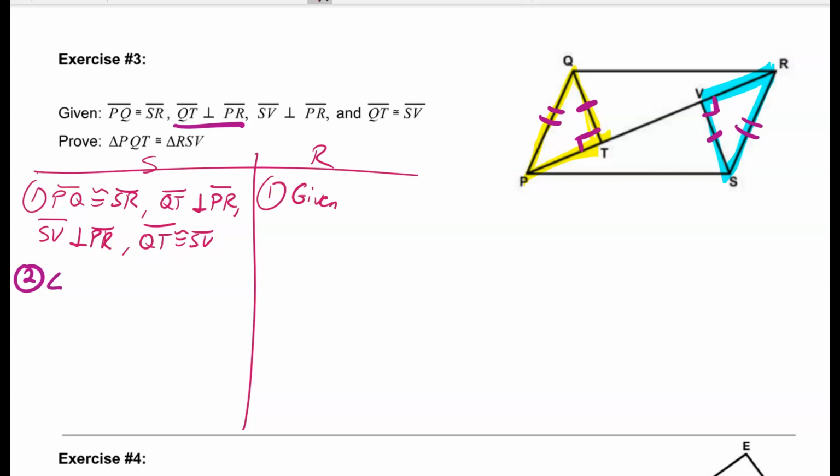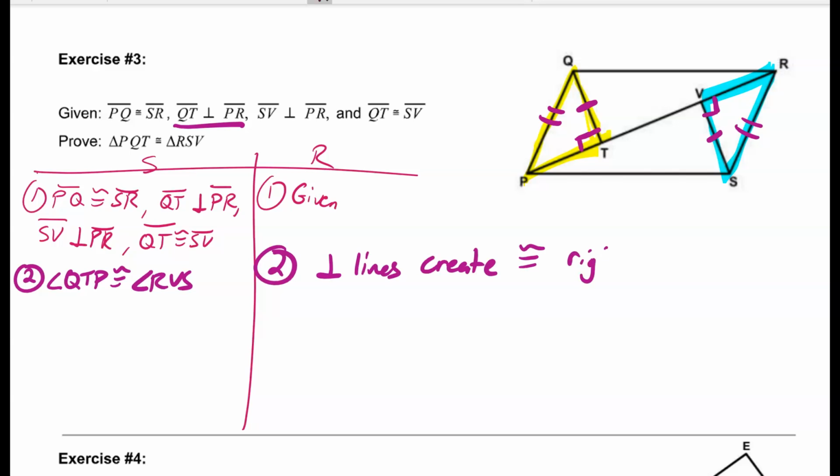So I'm going to start off with angle QTP is congruent to angle RVS. My reason for that is that perpendicular lines create congruent right angles. And you should start to get familiar with these statements and these reasons as you see them more and more often. It's really about just memorizing the definitions of those vocab words from Unit 1.